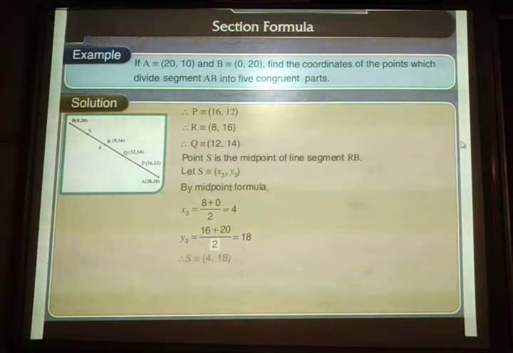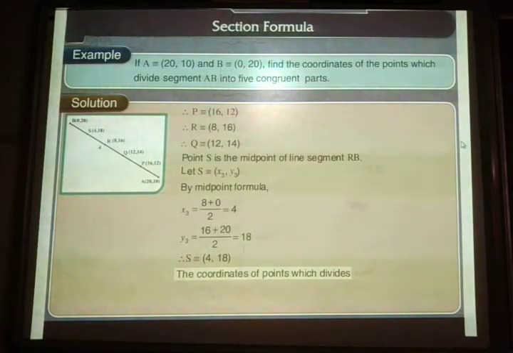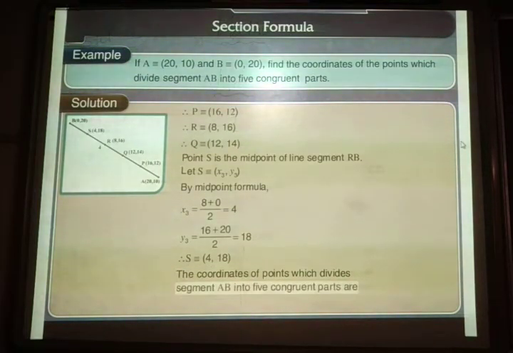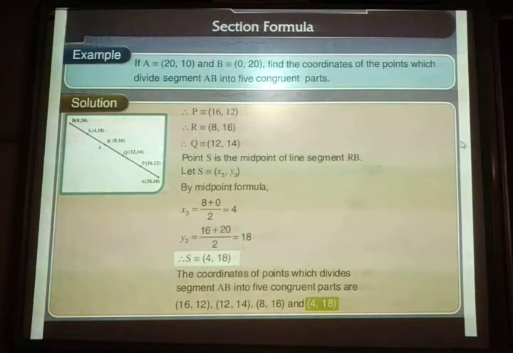Thus the coordinates of S are (4, 18). The coordinates of points which divide segment AB into 5 congruent parts are (16, 12), (12, 14), (8, 16) and (4, 18).